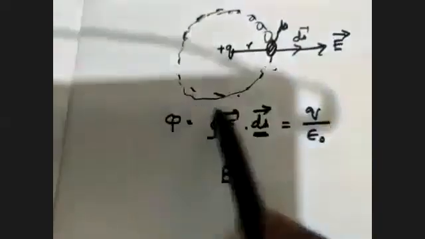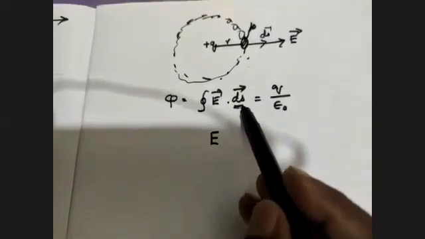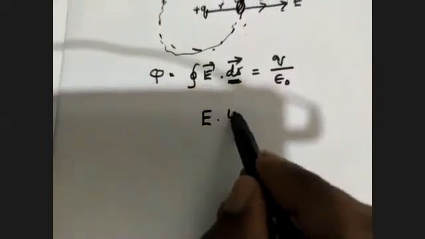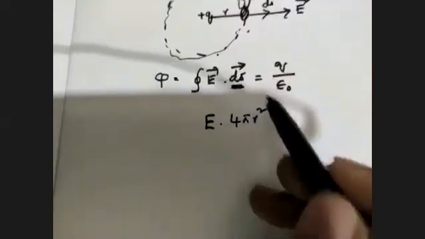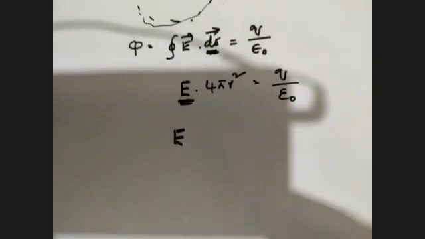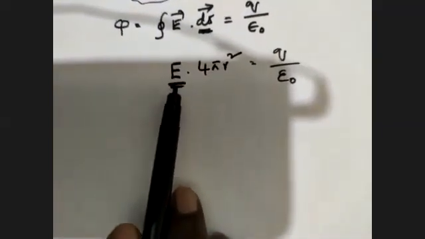So for the 3-dimensional sphere, we have to take the total sphere area, made of small areas ds. S is the symbol we use for area. The total area formula for the sphere is 4 pi r squared, where r is the radius of the sphere, and this is equal to Q by epsilon naught. So we can calculate the electric field. See what my intention is: by calculating the flux, we can as well calculate the electric field.